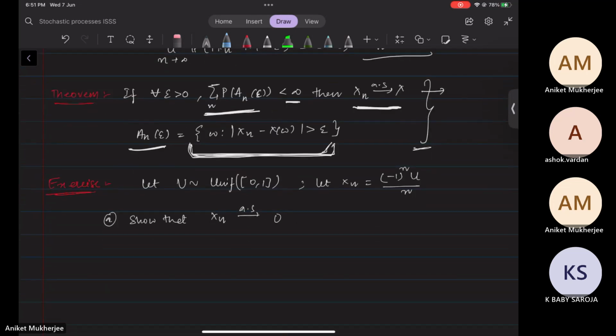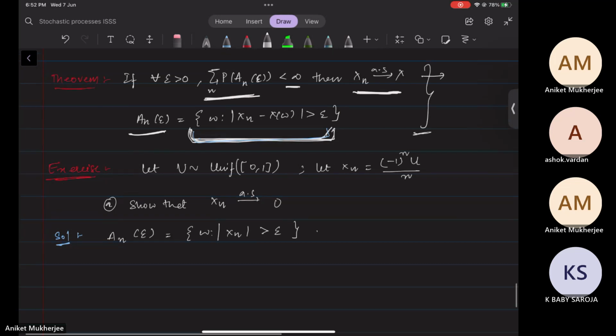We'll try to show this solution. We'll use the above theorem. I will show how the above theorem works. Now you're defining A_n,epsilon as the set of omega belonging to Omega such that |Xn| is greater than epsilon.